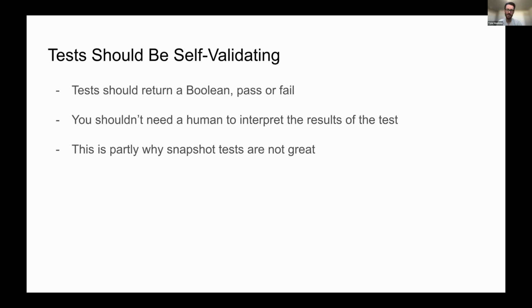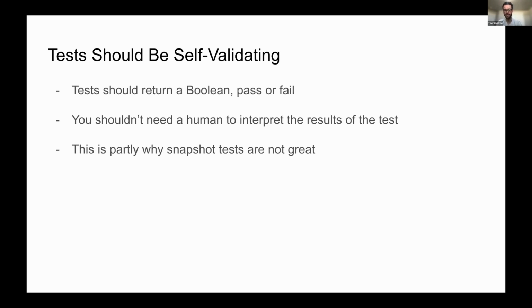And this is partly why things like snapshot tests are not great in the front end world, particularly with using Jest. You have the ability to take what are called snapshots, which are basically just an XML representation of the DOM. And when you run the snapshot test, it gets saved in the snap file.